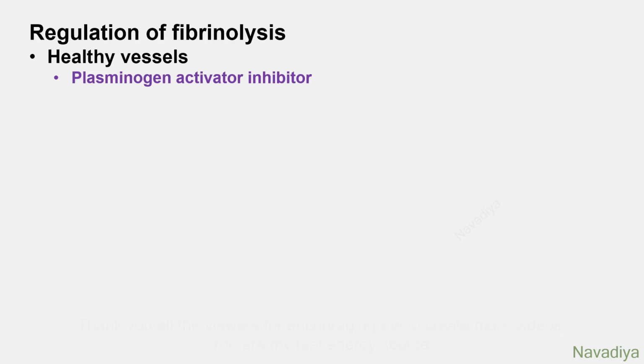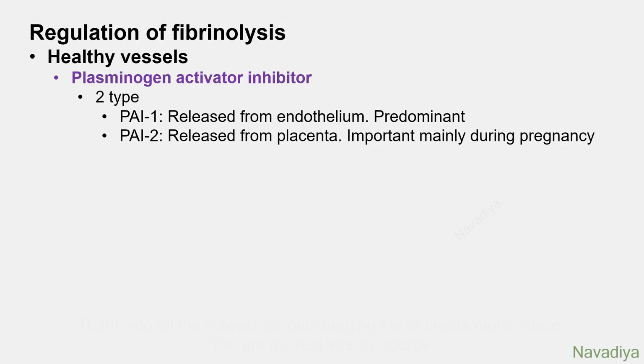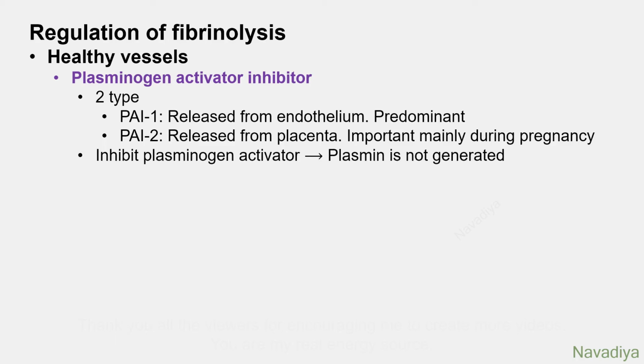Now, regulation of fibrinolysis. In healthy vessels, we have plasminogen activator inhibitors. There are two types of it. PAI1 released from endothelium predominates under most conditions. PAI2 is released from the placenta and becomes important only during pregnancy. They both inhibit plasminogen activator, so plasmin is not generated at healthy sites.